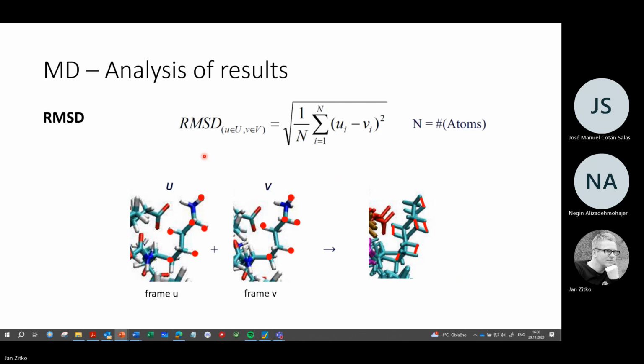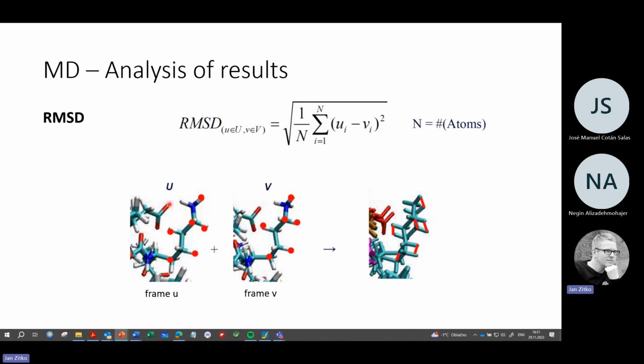This is just a formula. It's nothing special and no need to memorize it, but let me explain. You calculate the RMSD from the positions of the atoms. Let's have it for one atom, say this one from the carboxyl, the upper one.